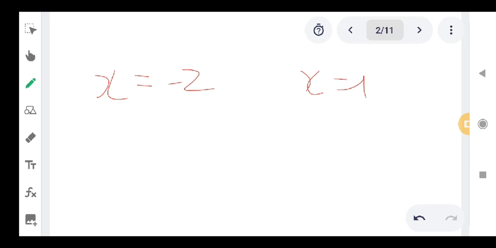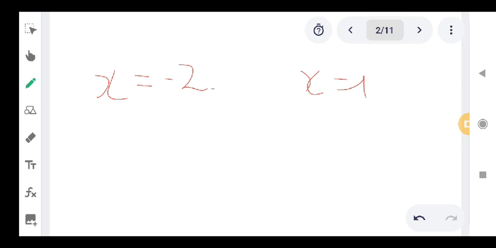Is it minus 2? Okay, let's put minus 2, and then we also put 1. So, this is our x-intercept, because f of x is 0.